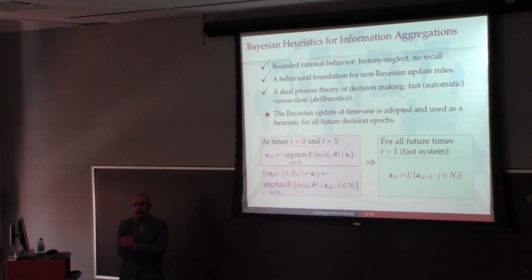But in future, once they have come up with this model of behavior, then their slow or deliberative system is going to be replaced by a faster system. They get used to their environment. In a sense, they learn their environment. Now the decision-making process is going to be dominated by a fast system or an automatic system that takes the heuristic form of what happened at time 1 and repeats it for future time steps. So our proposal is basically to take the Bayesian update at time 1 and use it as a heuristic for decision-making in future time steps.